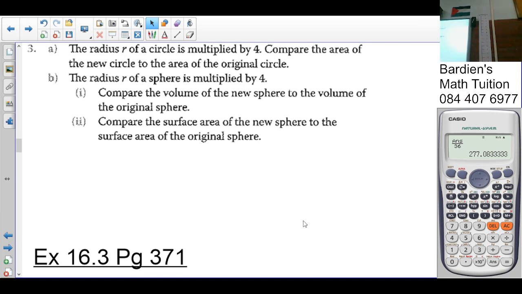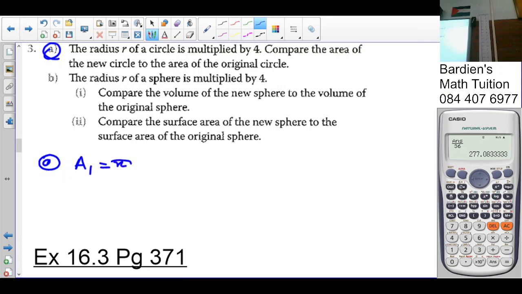Exercise 16.3, page 371, number 3. The radius R of a circle is multiplied by 4. Compare the area of the new circle to the area of the original circle. So, how do you calculate the area of a circle? Pi r squared.